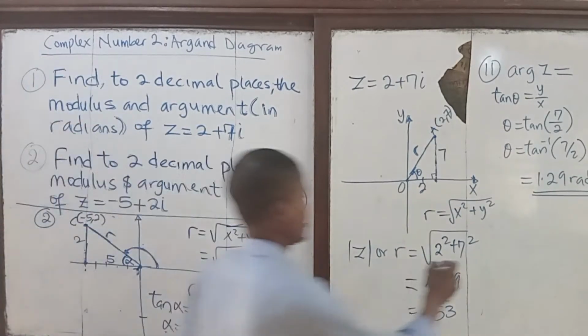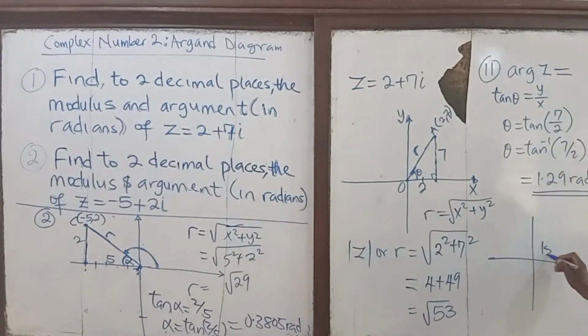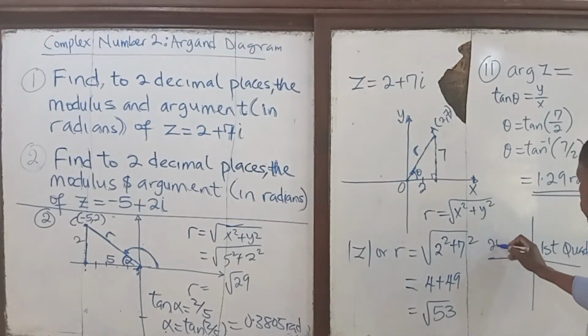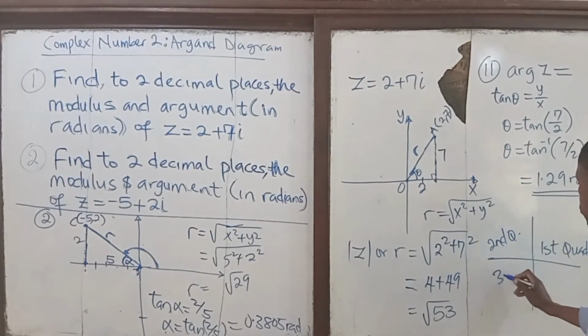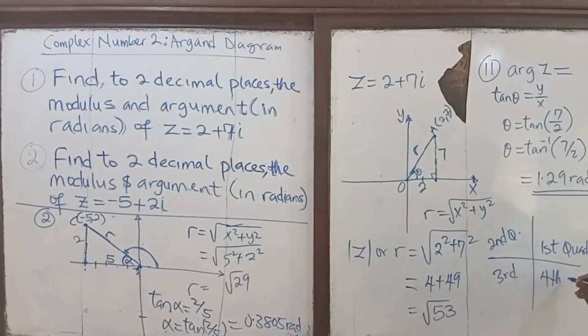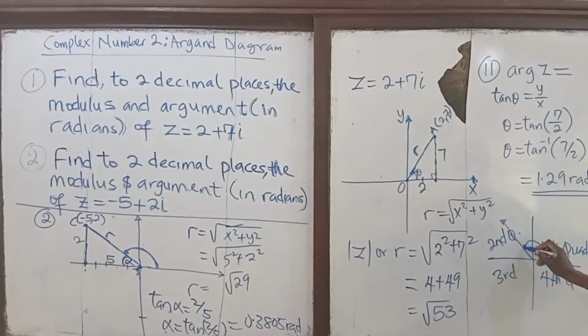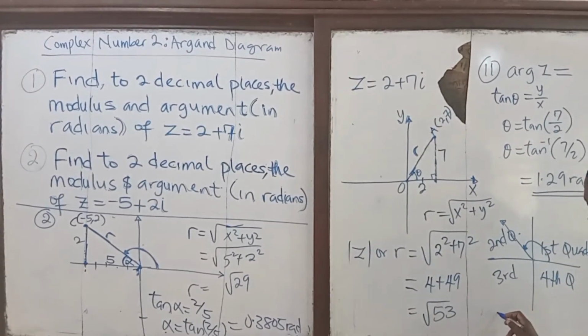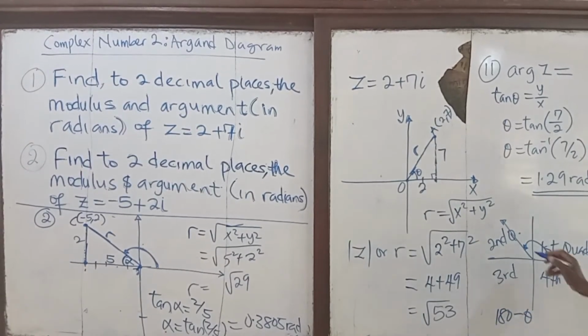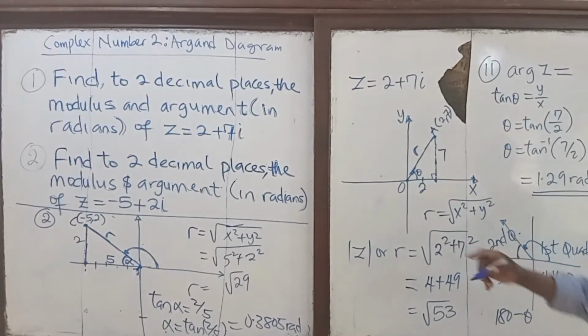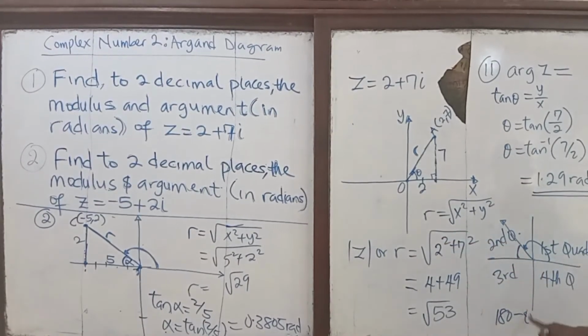Don't forget your quadrants. This is the first quadrant, this is the second quadrant, this is the third quadrant, and this is the fourth quadrant. So if your value falls in the second quadrant, the angle will be 180 minus alpha.